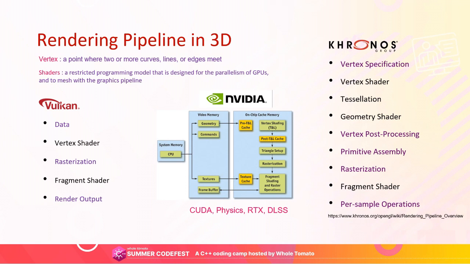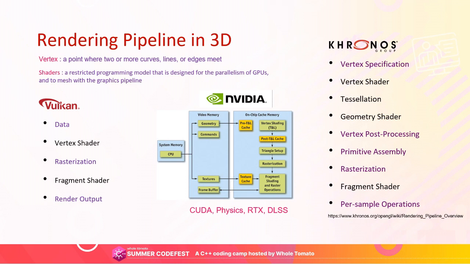And shaders are a restricted programming model designed for the parallelism of GPUs and to mesh with the graphics pipeline. By using these, you are rendering 3D objects with beautiful colors and lighting and other features of texturing and rasterization, etc. To do this, simply, according to Vulkan, you have data, you do rasterization, and you get the rendering output.